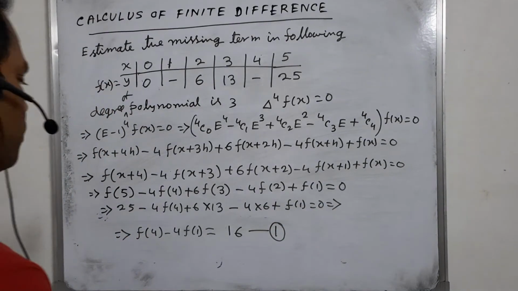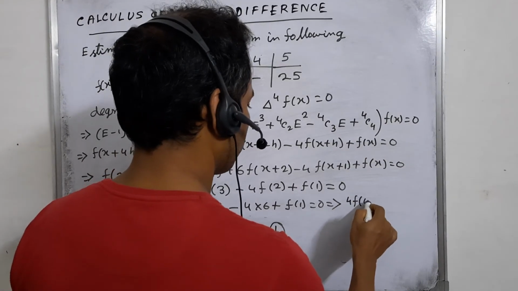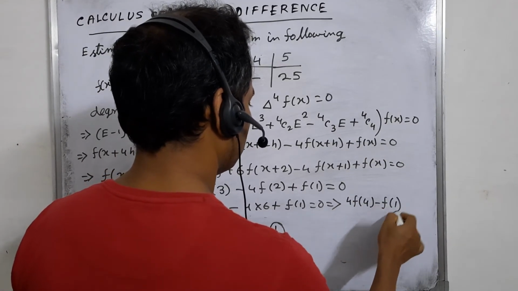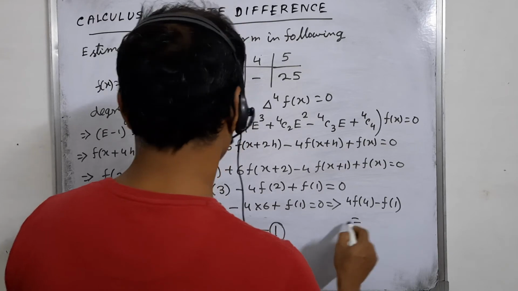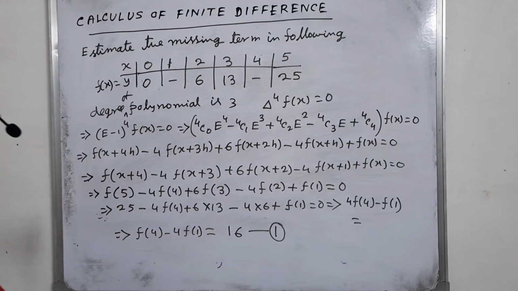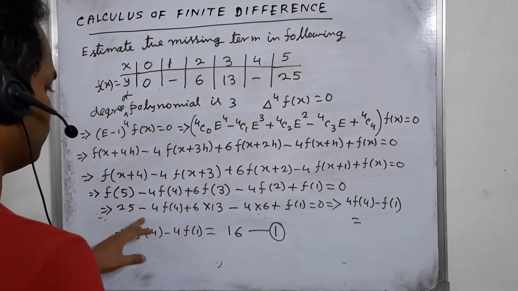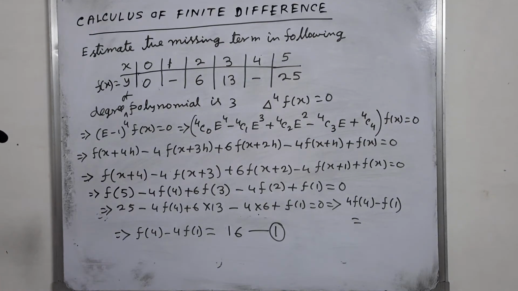So 4f4 minus f1 is equal to 25 into 6 into 3, 78, 25 minus 24 is 1, 78 plus 1 is 79.